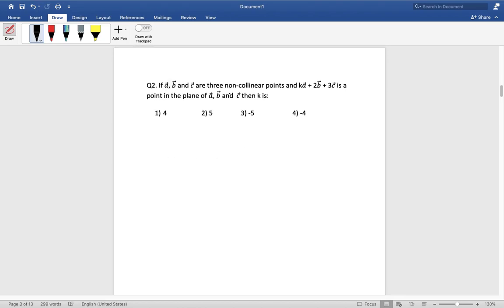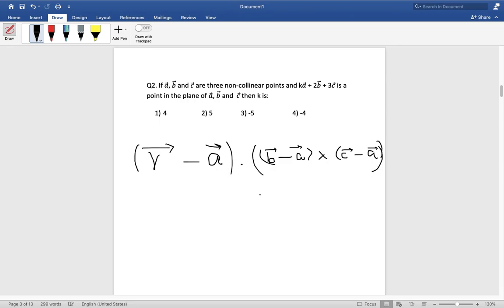So I have three non-collinear points. I know the equation of the plane would be (r minus a) dot (b minus a) cross (c minus a) is equal to 0.